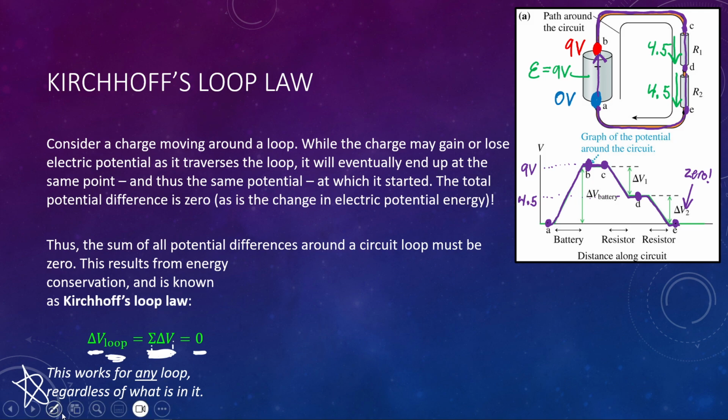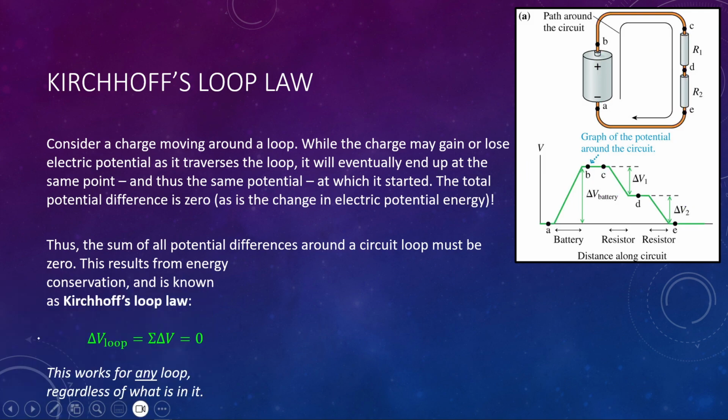Now, this is a little bit more complicated than the junction law. So what I like to do is use analogies. Anytime things get complicated, if we have a way to describe it with an analogy of something that makes more sense, we should do that. So I made this analogy. I'm using little pictures from my textbook, but I've completely changed the picture and rewrote all the things on it.